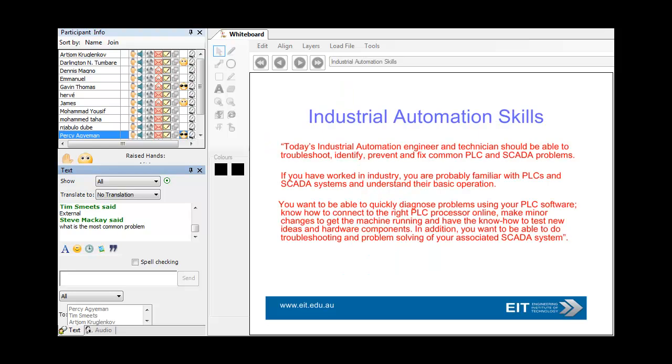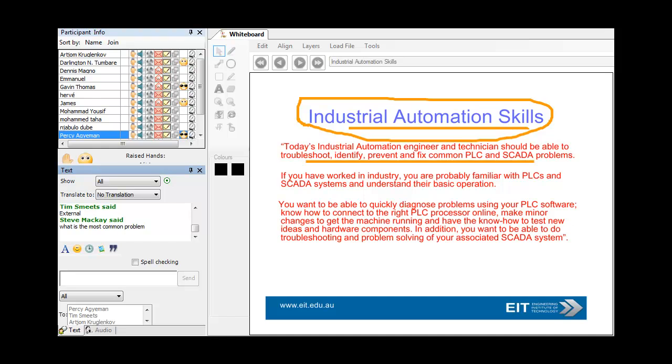So before we go any further, obviously we're looking at this in the context of industrial automation. Skills are extremely useful, and you should be able to troubleshoot, identify, and fix PLC and SCADA problems. So if you are a graduate engineer or an electrician, anyone working in the automation business, one of the biggest needs for you is to be able to troubleshoot and fix problems.